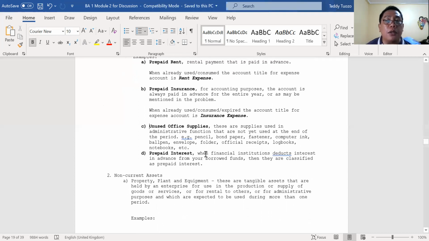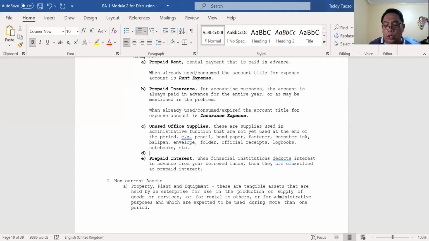Next, you have the unused supplies, unused office supplies, or simply office supplies, or supplies as may be applicable in the problem. These are supplies used in the administrative function that are not yet used at the end of the period. Example: pencil, bond paper, fastener, computer ink, ball pen, envelope, folder.